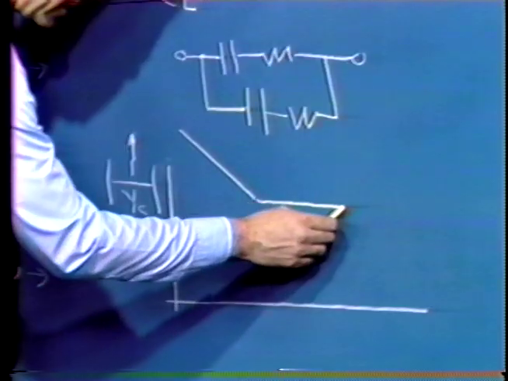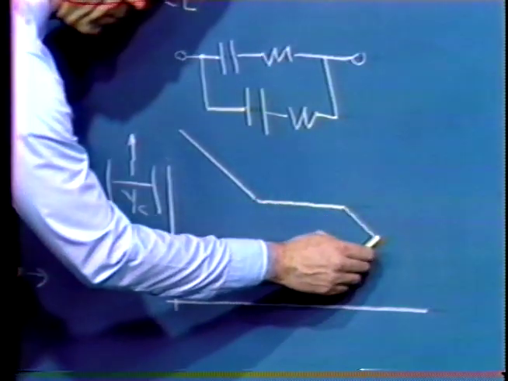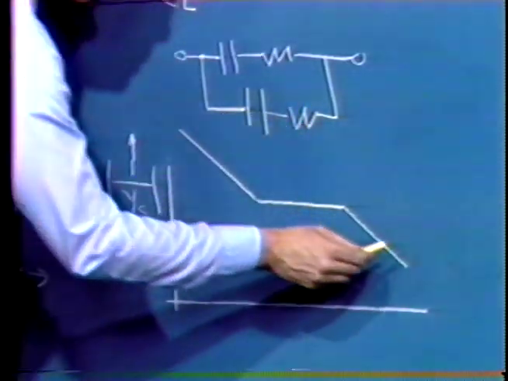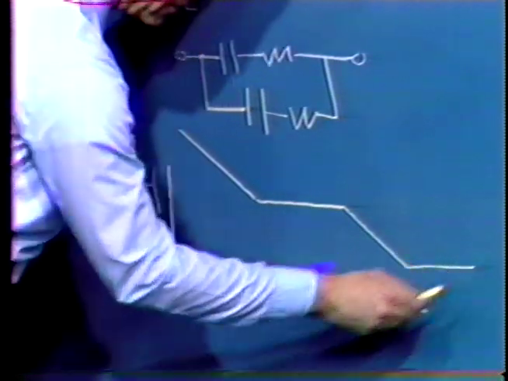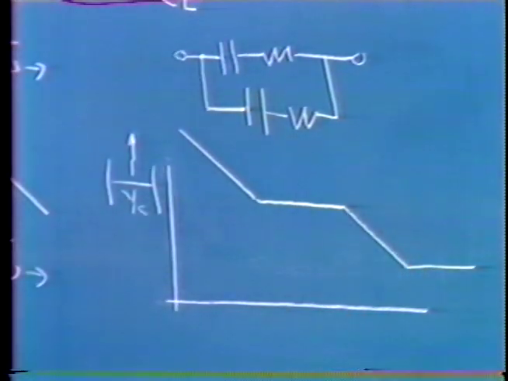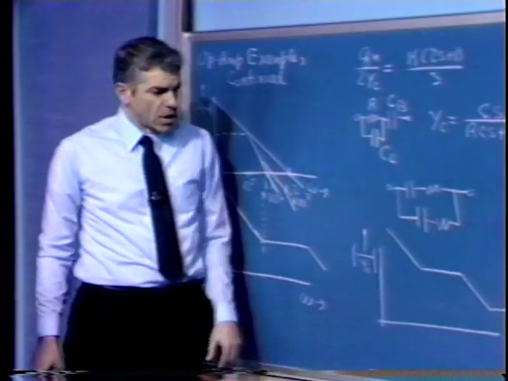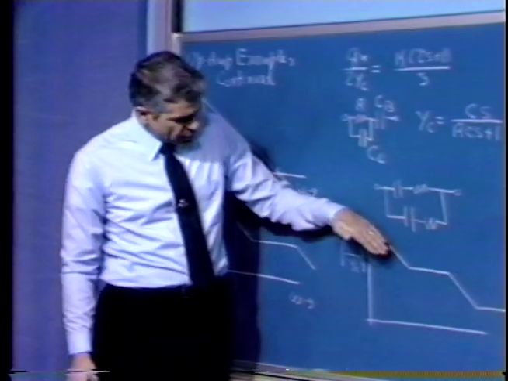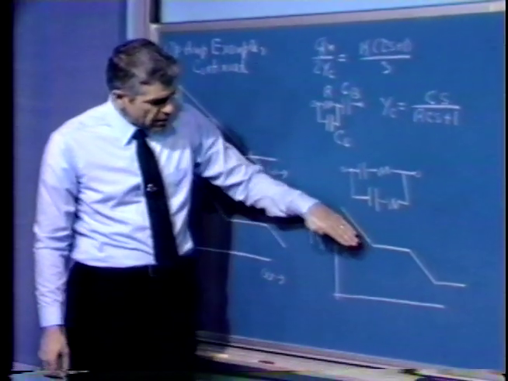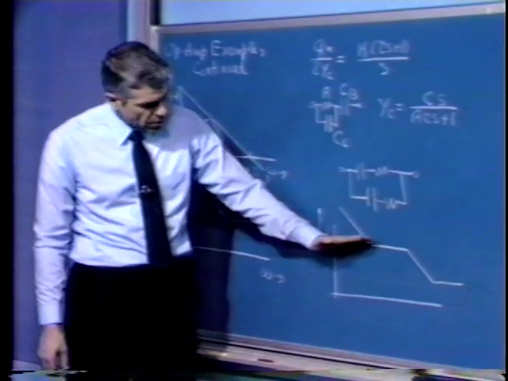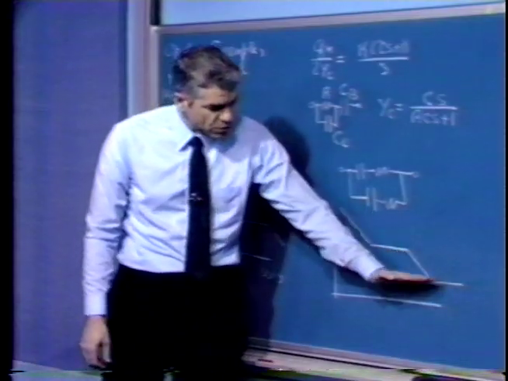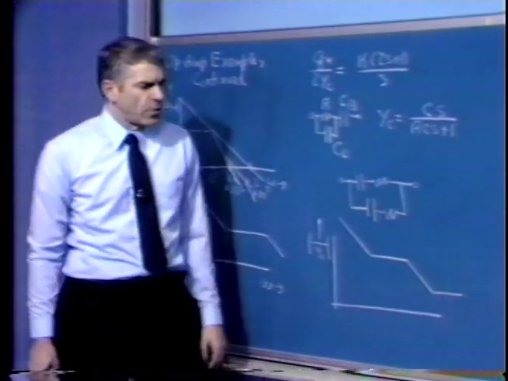And the net result there might be to give us another region of 1 over s roll-off, and then another flat region. And I think now you can see what we might do. We continue to build up our network with parallel RC chunks, and the result on 1 over yc is to have a 1 over s roll-off, a flat region, a 1 over s roll-off, a flat region, and so forth.